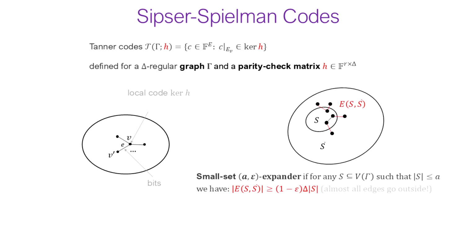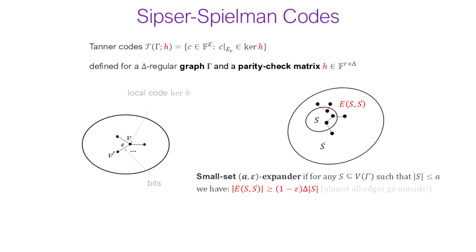What's the main idea behind Sipser-Spielman codes? They noticed that if we use small set expanders, that is, if our set of vertices is sufficiently small, for example 1% of all the vertices, then we have almost perfect expansion. For example, 99% of all the edges go outside.